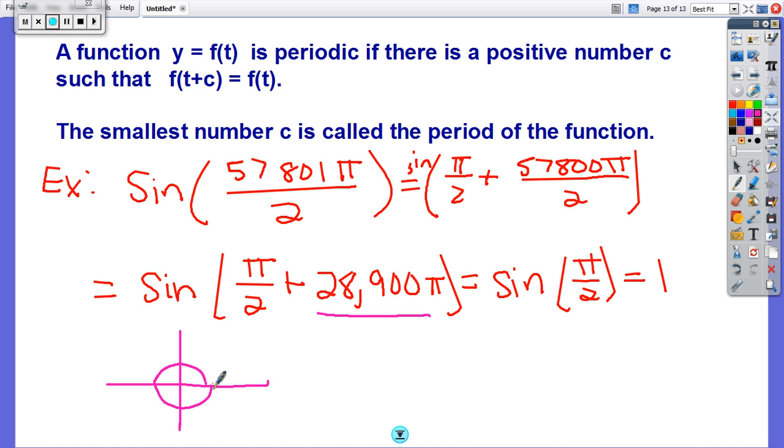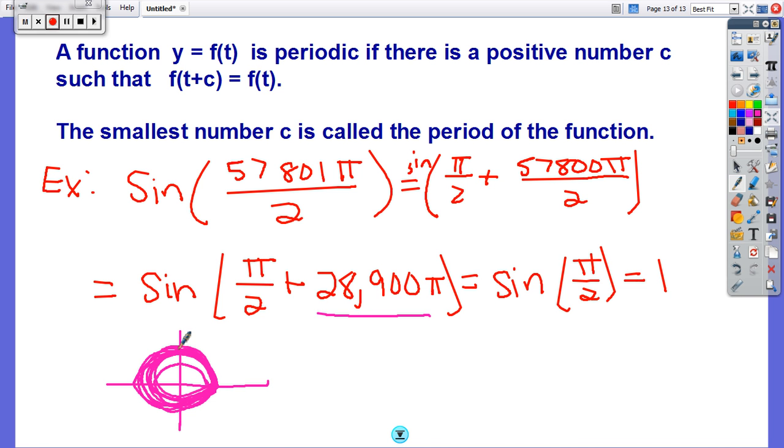It goes to the exact same point. This would be 3 pi, 4 pi, 5 pi, 6 pi, 8 pi, 10, 12, 14, 16, 18 pi. And if I kept doing this over and over, eventually I would get to 28,900. Now I'm not going to sit here and do that, but since it's an even number, we know that it's going to wrap to the same point.